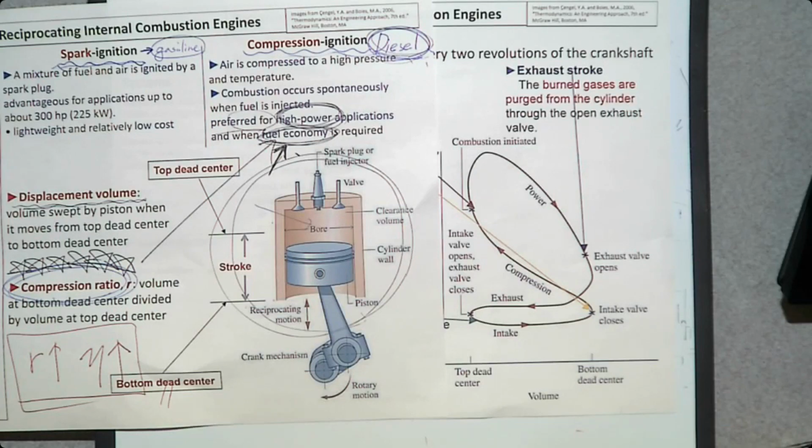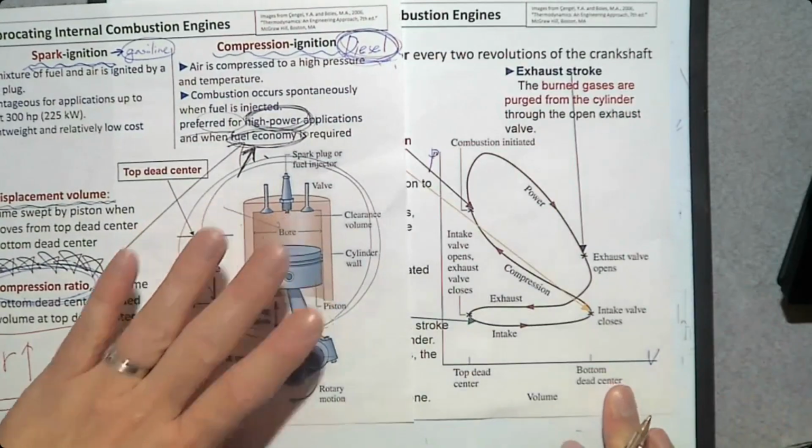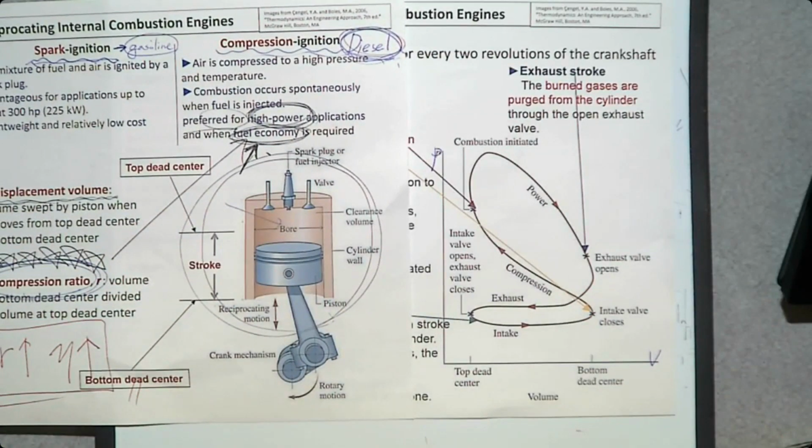No, we want to move this piston upward so we can compress the air-fuel mixture, so its pressure goes up, its volume goes down. By the way, this is a PV diagram. So when this piston moves upward, pressure goes up, but volume goes down, so this way. And then once it reaches the top dead center, then spark is going to ignite.